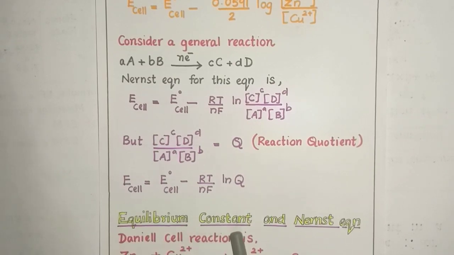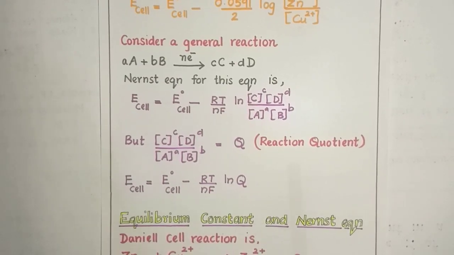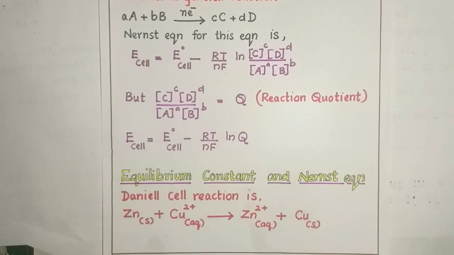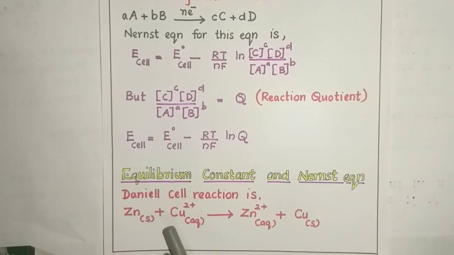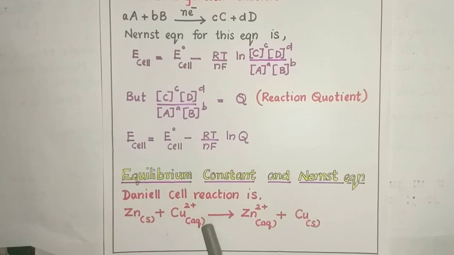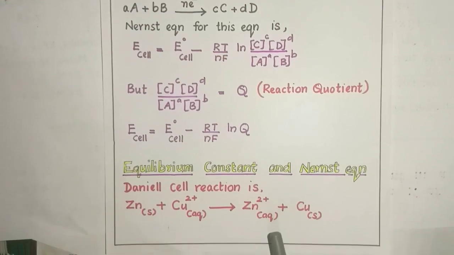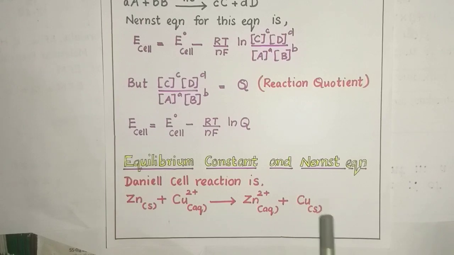Next, the equilibrium constant Kc and the next equation. You know the Daniell cell reaction is zinc solid plus Cu2+ aqueous gives Zn2+ aqueous plus Cu solid.